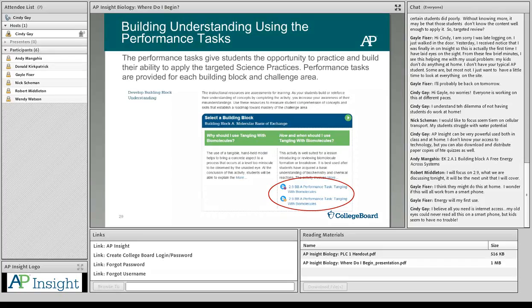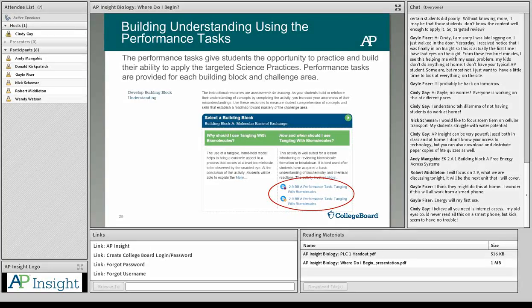But the performance tasks themselves really give students an opportunity to practice and build their ability in that targeted science practice. Performance tasks are provided for every single building block and every single challenge area. All of this information can be found under the Teach tab, and it can inform further instruction.